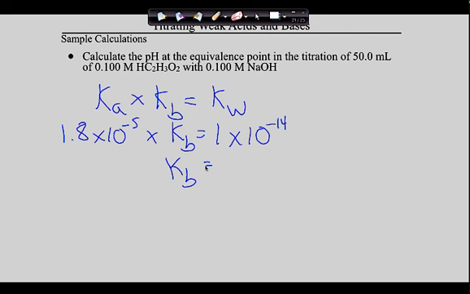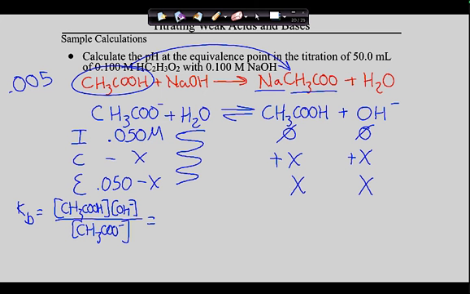What? No, the Ka is 10 to the negative fifth. If I know one thing, it's the Ka of acetic acid. You don't mess around with me on that because it's one of the few things I actually can remember. All right, so 1 times 10 to the negative 14th divided by 1.8 times 10 to the negative fifth. I'm going to go 5.6 times 10 to the negative 10th. So that then is our Kb.